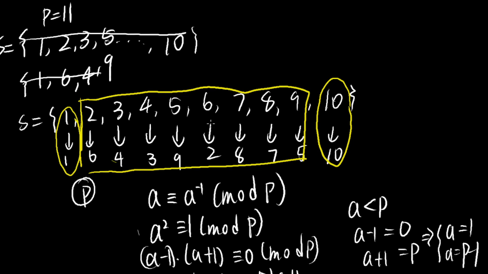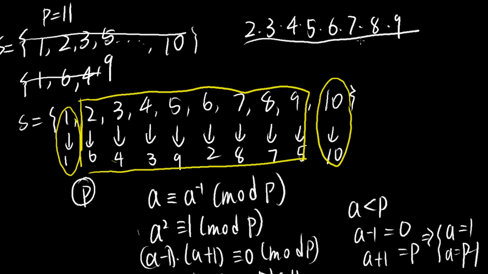This implies that when we multiply these numbers together, for example, 2 times 3 times 4 times 5 times 6 times 7 times 8 times 9, we can always regroup those elements 2 by 2 such that the two elements are each other's inverse.